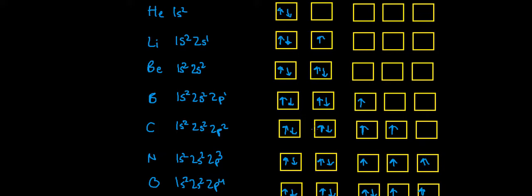If there's already an electron in an orbital and there's an empty orbital, more than likely it's going to go to the empty orbital because it wants to be away from the same like charge because they repel each other. So that's why they go into different orbitals. So carbon adds to the p orbital, but it adds into a different p orbital. It doesn't go into this same one.